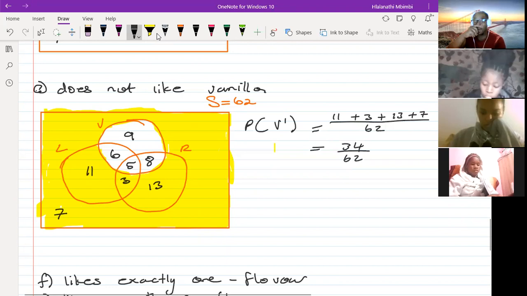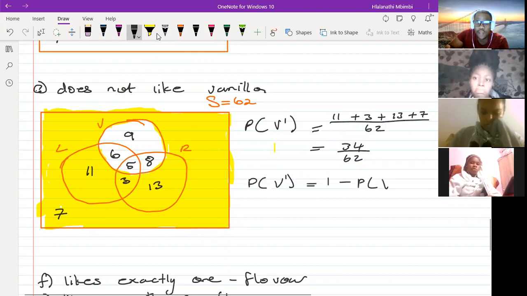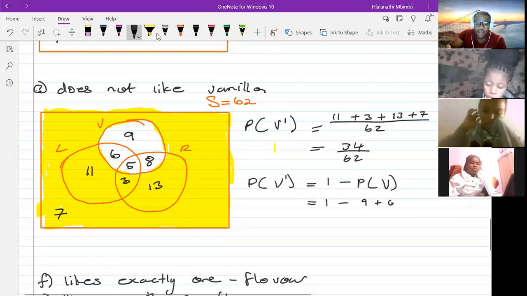But remember, we have once said that the probability of not liking is just 1 minus the probability that they like it. And that would have been 1 minus the probability that they like vanilla: 9 plus 6 plus 5 plus 8 divided by 62. What's that?